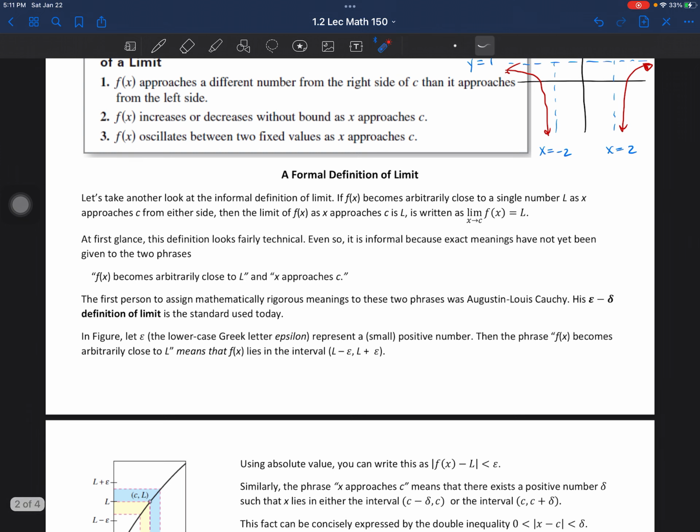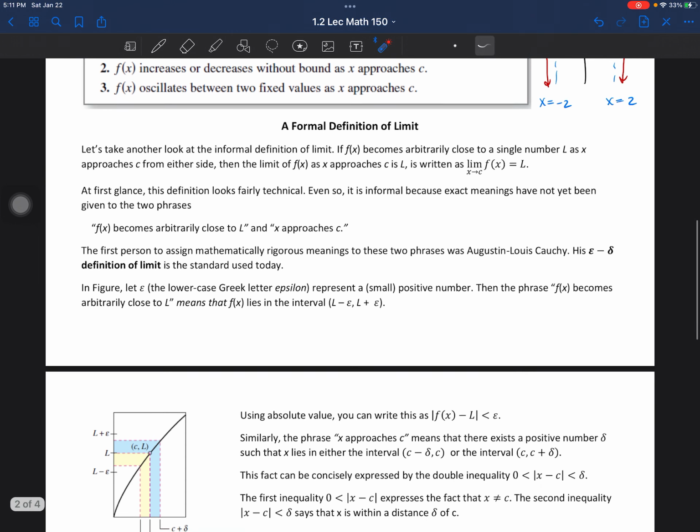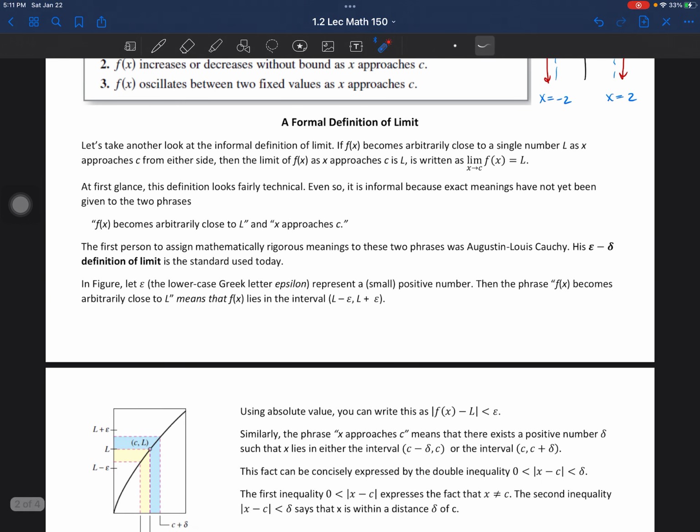Okay, so the next thing we're going to talk about is the formal definition of a limit. We don't want to talk too much about this because it is very technical and very abstract. But it's very important for us to have a good idea of what this means, right? What we have talked about so far is not the formal definition, but more like an application of the limit.